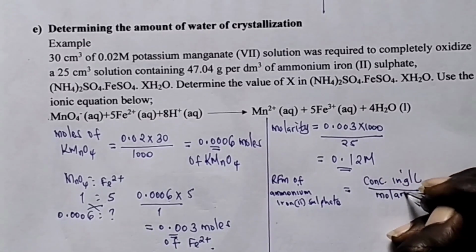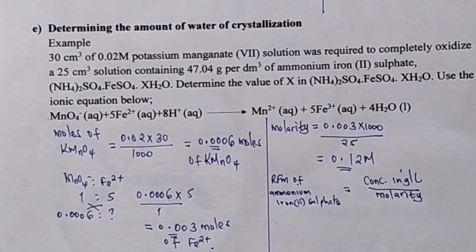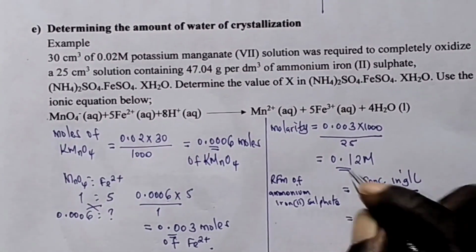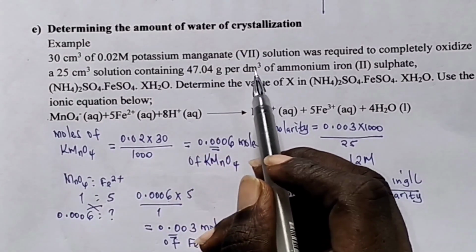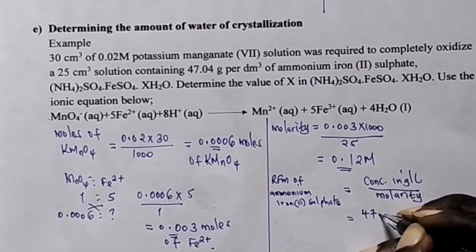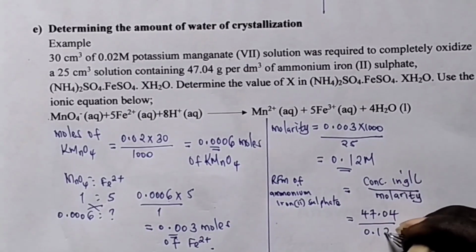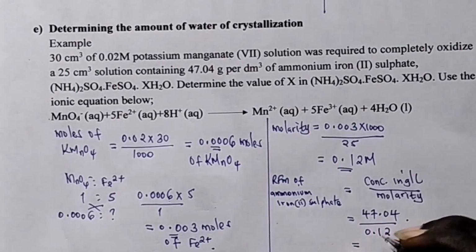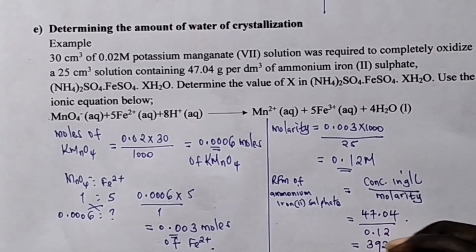What we have here is 47.04 grams per decimeter cubed. That's already concentration in grams per liter, 47.04, divided by the molarity, which we have gotten, 0.12. So here we are going to get 392 as our RFM.